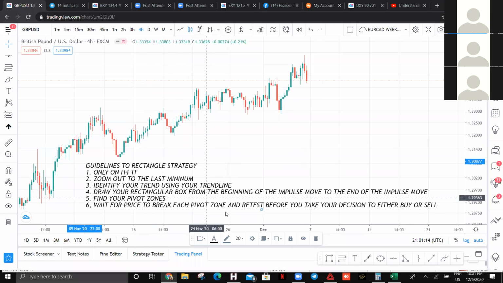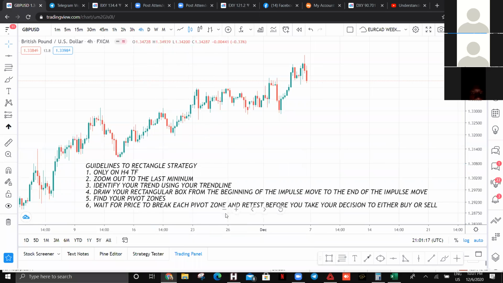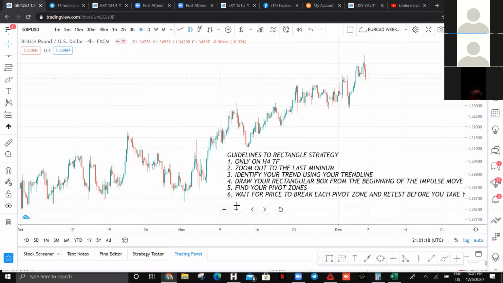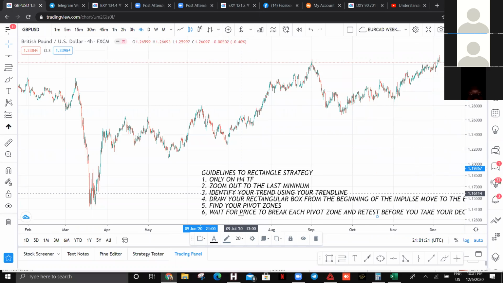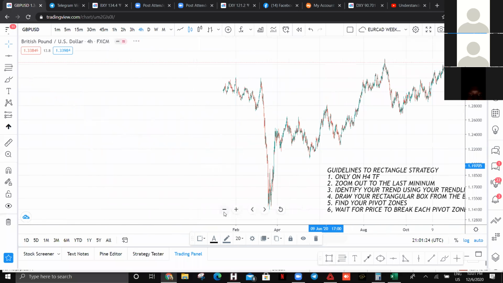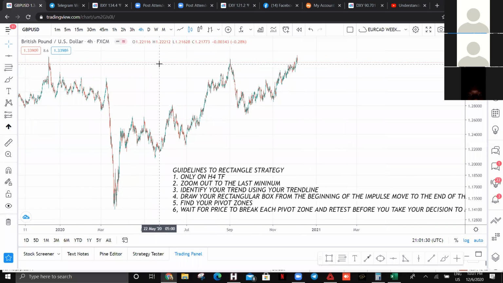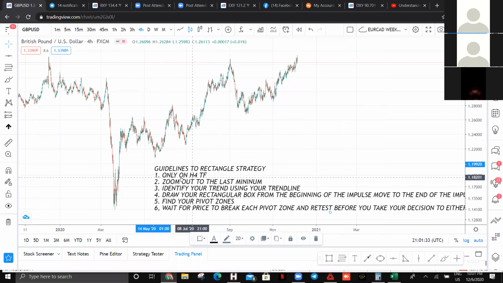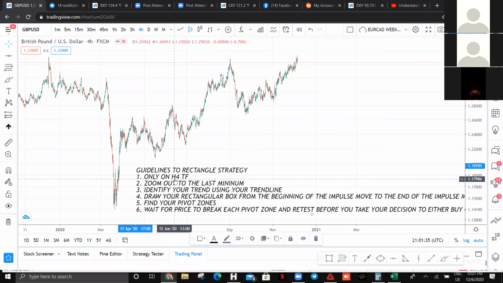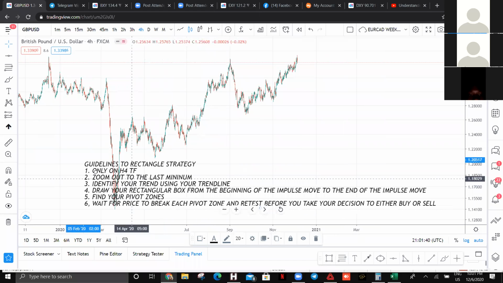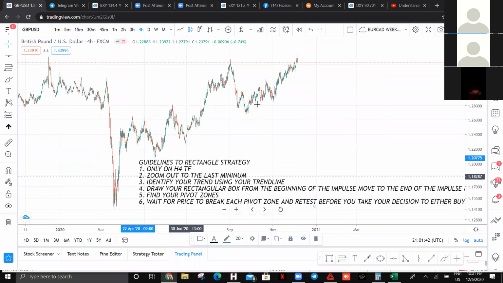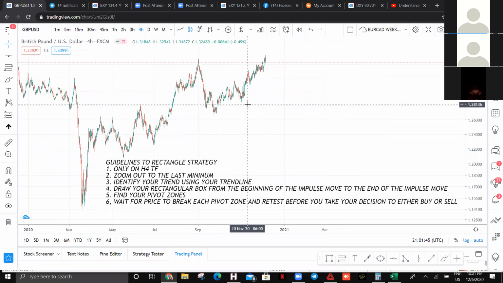Okay, now this is it. You can use the rectangle strategy only on H4, no other time frame.